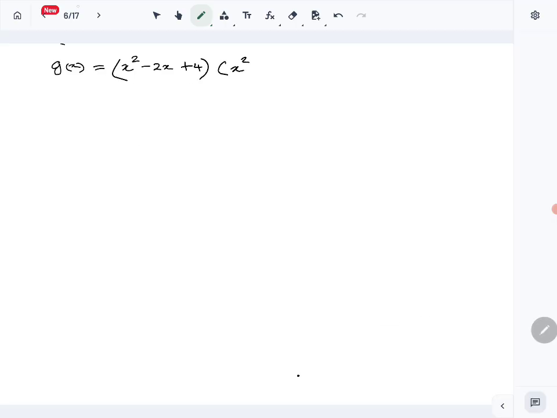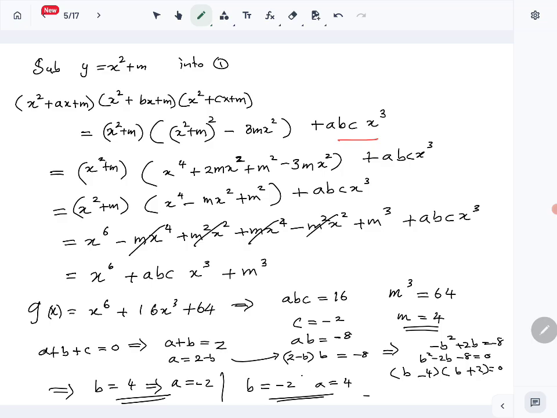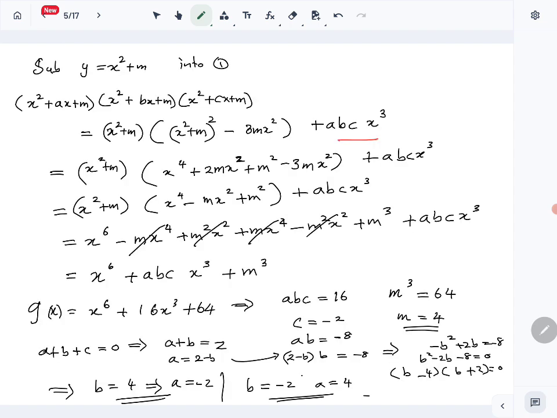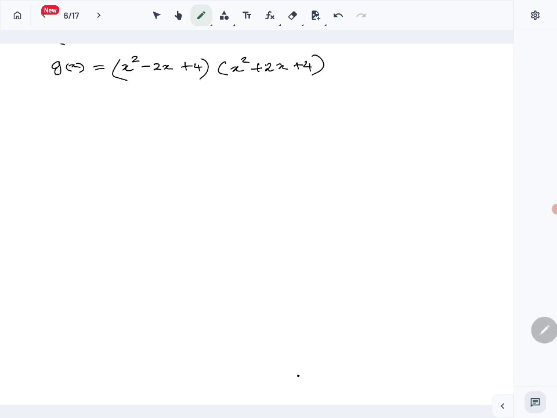A and B can be what? 4 and minus 2. No? So you get x squared plus 2x plus 4, no, minus 2, no minus 2.